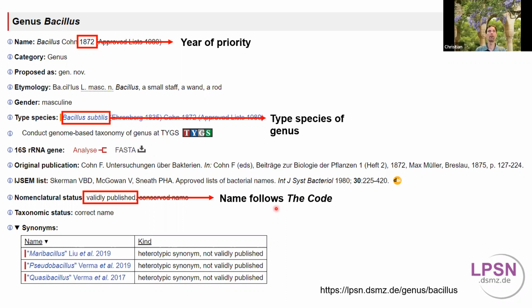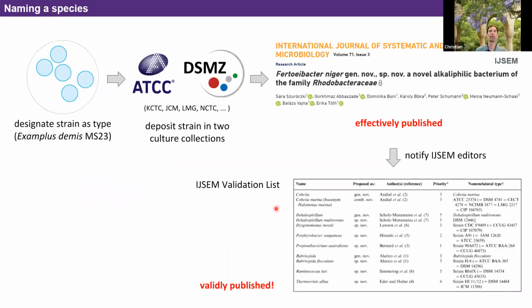Okay, but how do we name a species? That's probably an important aspect to cover as well. So if you have, let's say, a culture, and according to the code, you need a culture. Well, let's look into it. So if we have a culture, like a culture of a strain, then we designate a strain as a type, as a type strain.